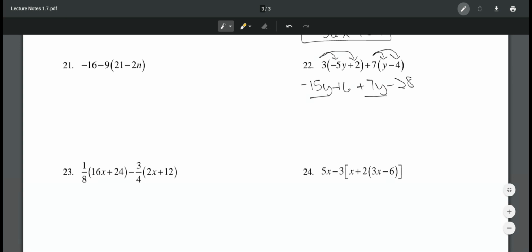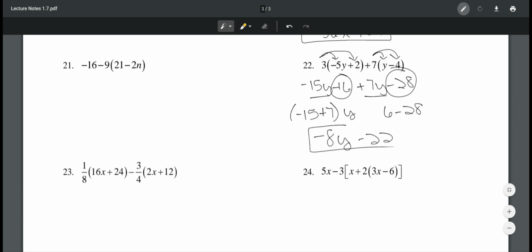I can add up my y's. So I should be thinking negative 15 plus 7y, which gives me negative 8y. And then I can add my constant values together. So I should think 6 minus 28. And that gives me negative 22. So my final outcome here is negative 8y minus 22.